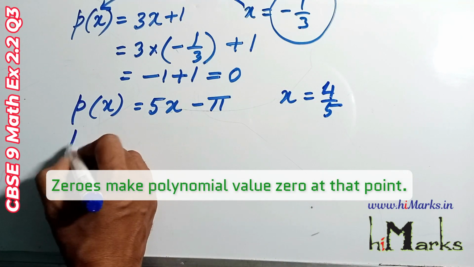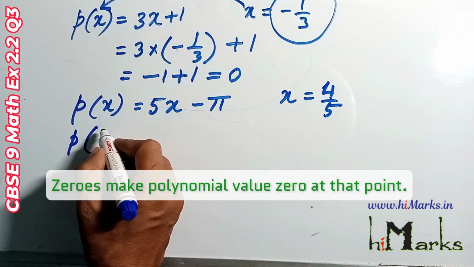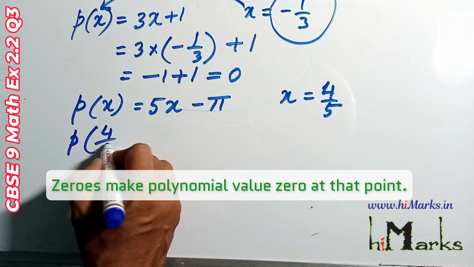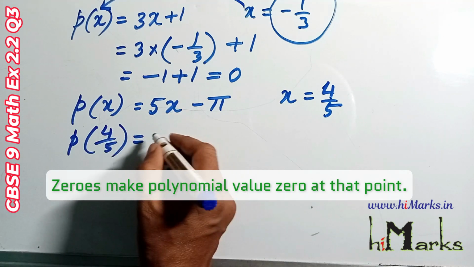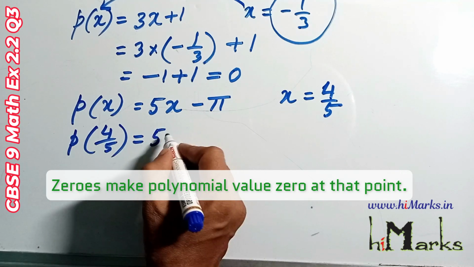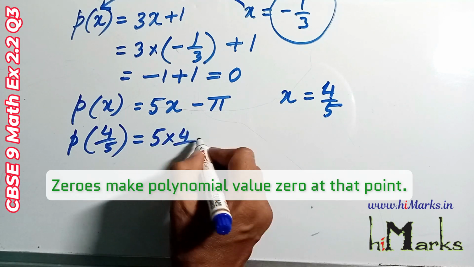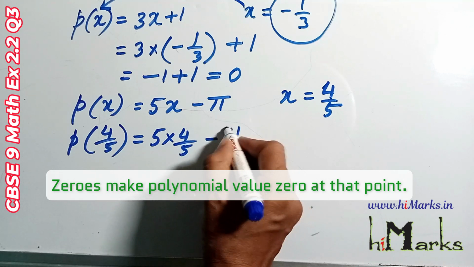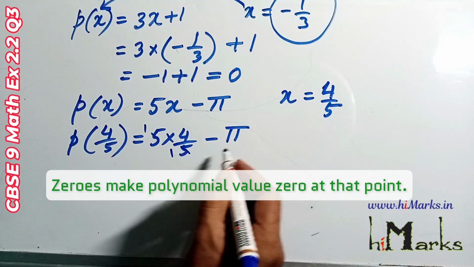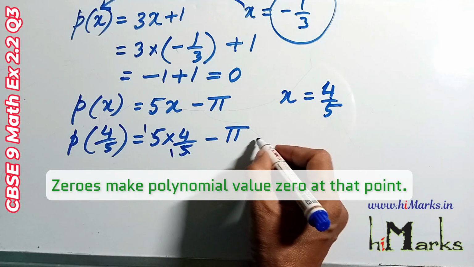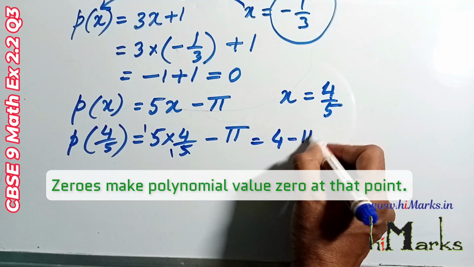So let us put 4 by 5 in place of x, minus pi. So 5 and 5 get cancelled. So this value became 4 minus pi.